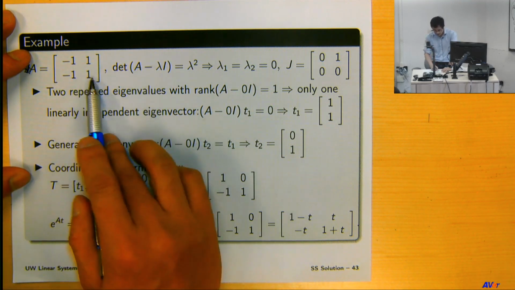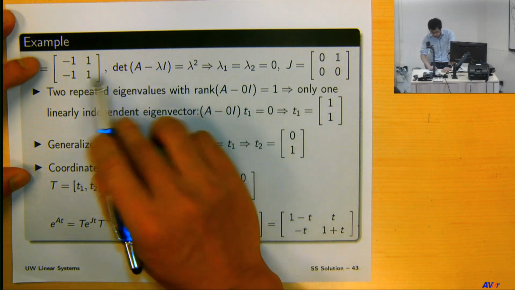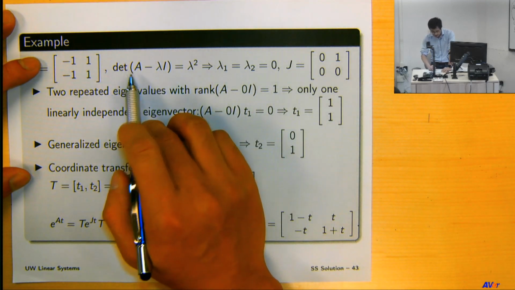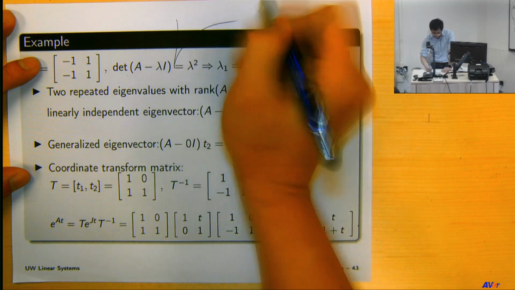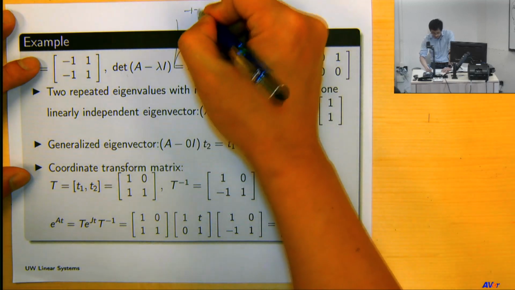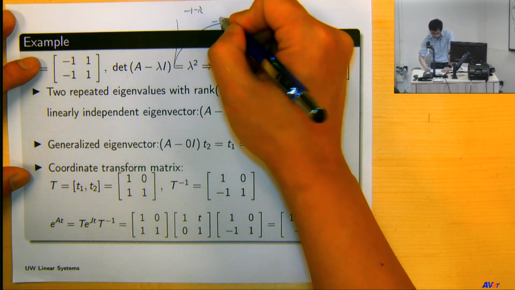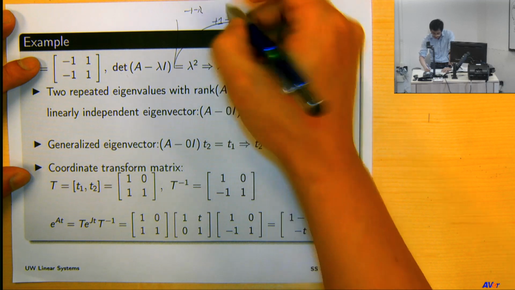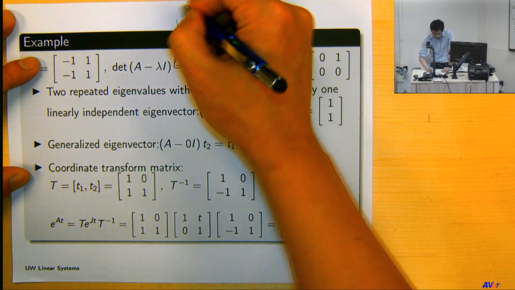So you can check. You can do the determinant of A minus lambda I, which is equal to negative 1 minus lambda, positive 1 minus lambda, 1, negative 1.